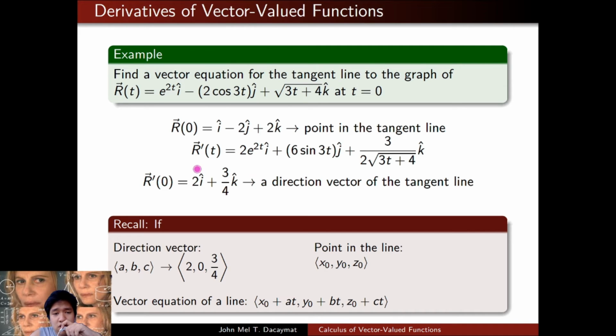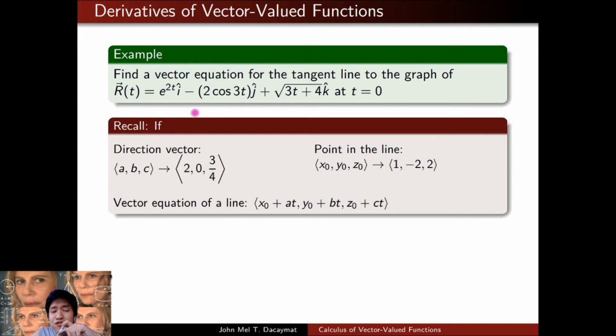Here it is. I just wrote it in bracket form: 2, 0, 3/4. Then this x0, y0, z0, the point in your tangent line, is this: 1, negative 2, 2. So, therefore, the vector equation of your tangent line: x0 is 1, so that's 1 plus 2t for your first component.